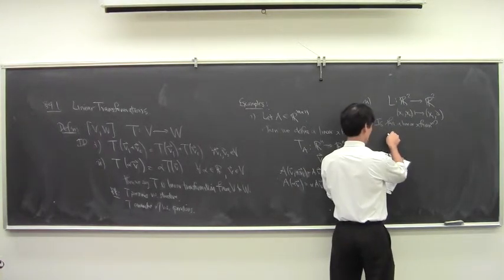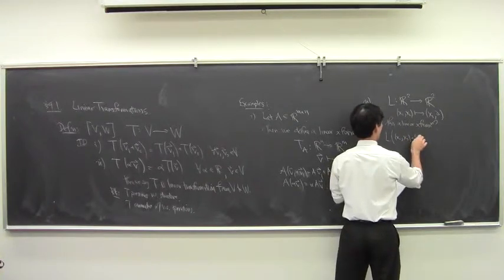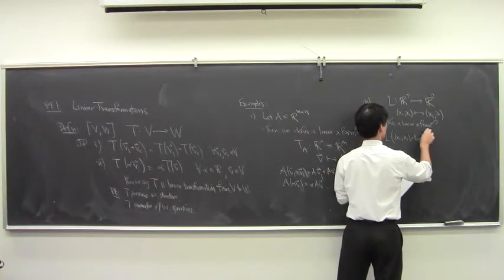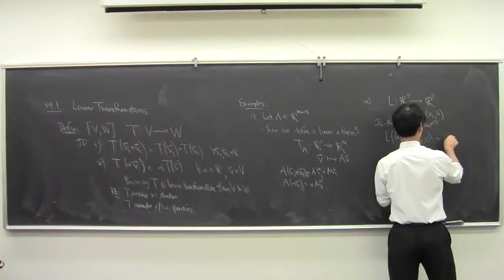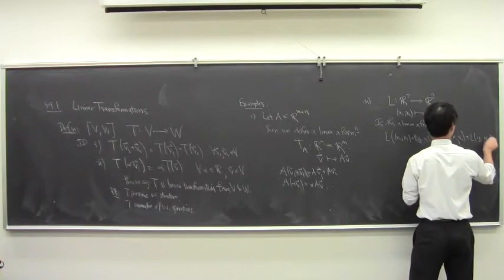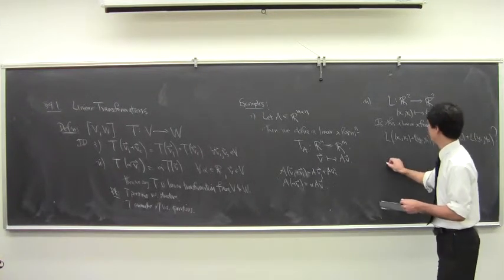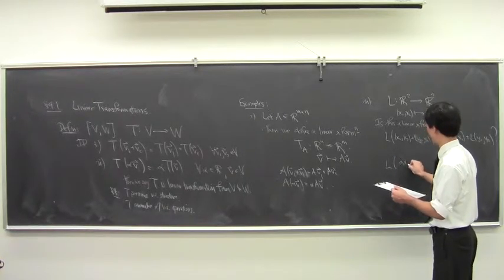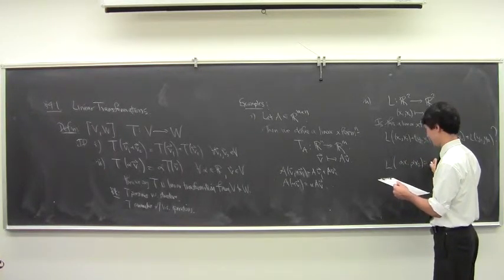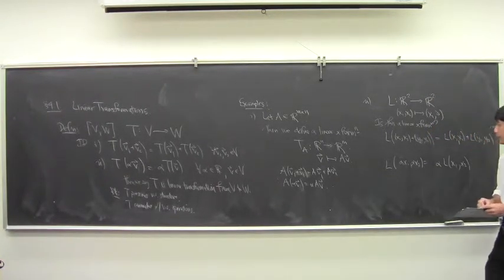Is L of (x1, x2) plus (y1, y2) equal to L of (x1, x2) plus L of (y1, y2)? Is L of (alpha x1, alpha x2) the same thing as alpha times L of (x1, x2)?